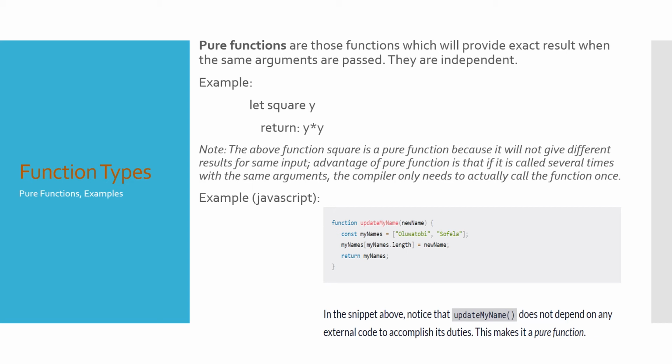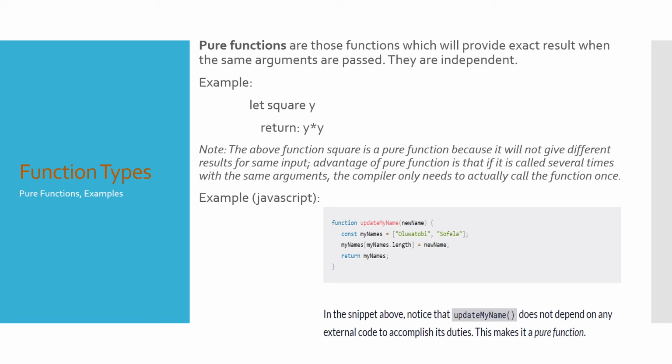It doesn't worry about any external coder to complete its function. Instead, it just takes the values which are coming through the constant my names, and then it allocates the data. So whenever you try to find the length of it, it constantly gives the same value.